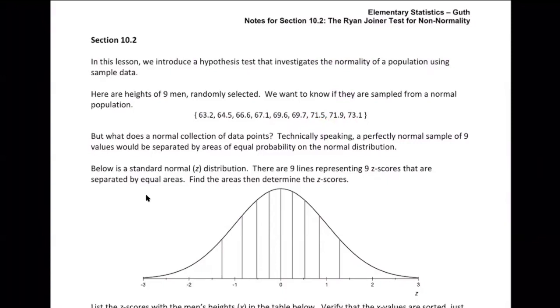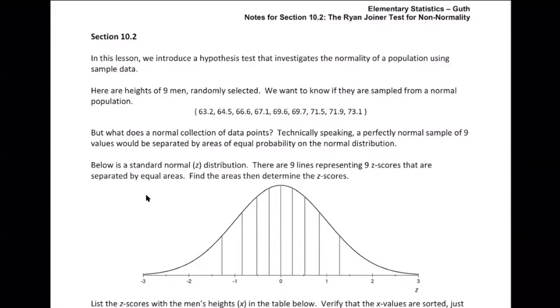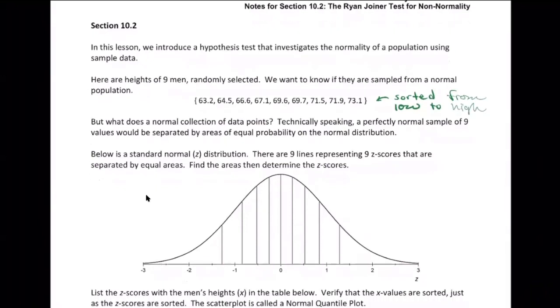They are, and that's important. So I'm going to make a note of this. And you'll see why it's important. Okay, so I don't know if those are from a normal population, but what I'm going to do is compare them to numbers that are from a normal population.